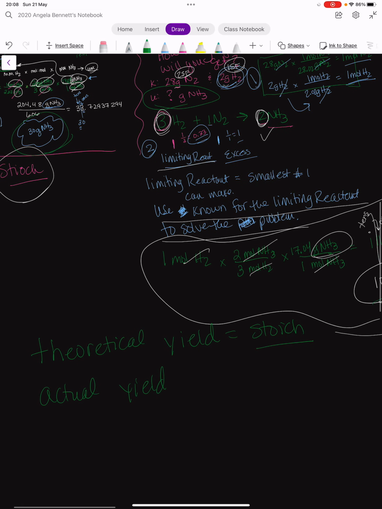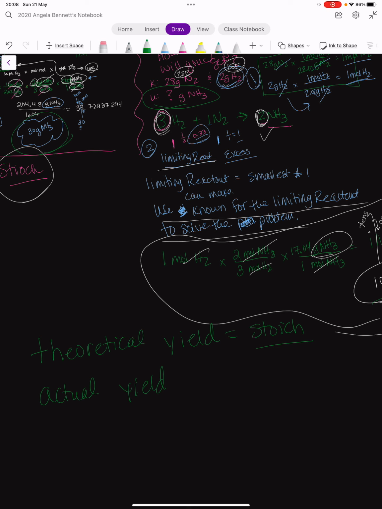So that's your stoichiometry. But if you've ever baked in the kitchen, and you were making a cake or something like that, and it tells you you're going to get 24 cupcakes, lots of times you don't end up with actually 24 cupcakes because stuff happens. The batter sticks to the side of the bowl. You lose some. Some might fall out onto the counter.